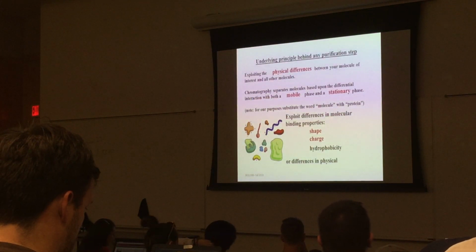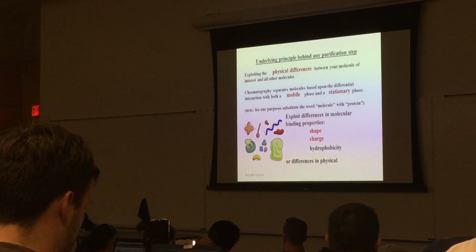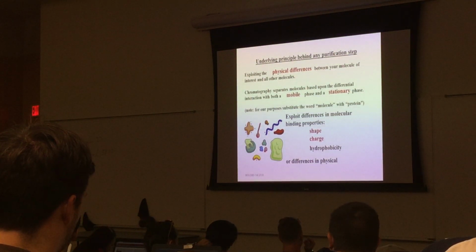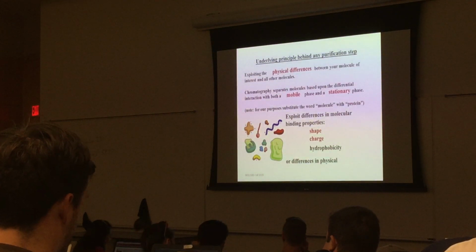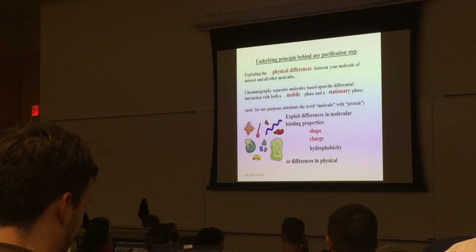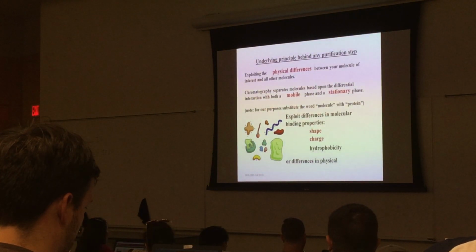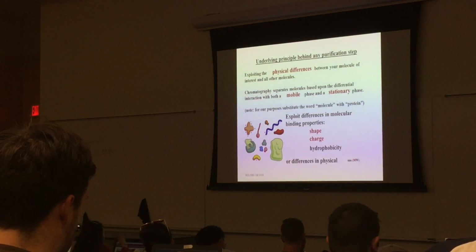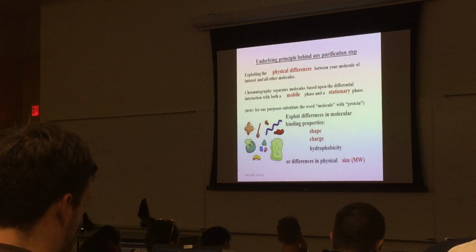The hydrophobicity, how oily it is. Does it prefer to be in water or in an organic solvent? Typically hydrophobicity chromatography is going to deal a lot more with organic chemistry than it will necessarily with biology or biochemistry. Or we're going to look for physical differences in size.